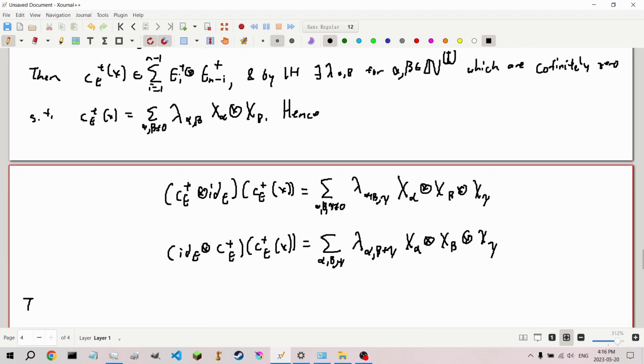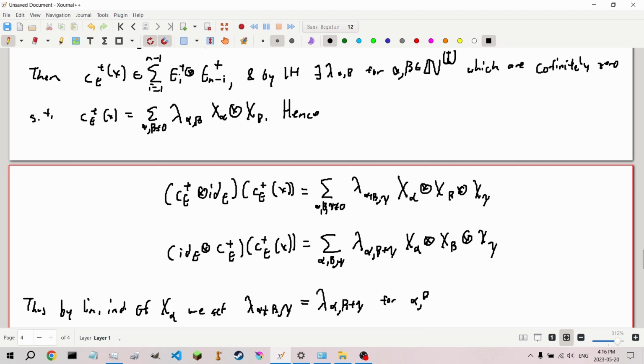Thus, by our previous proposition, and by linear independence of x_alpha, we get that lambda of alpha plus beta, gamma is equal to lambda of alpha, beta plus gamma, for alpha, beta, gamma in the naturals indexed by I minus 0.